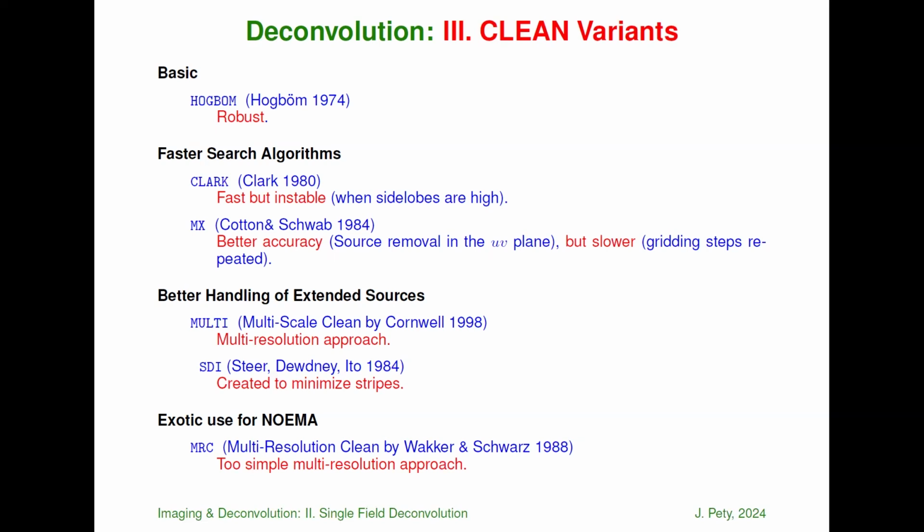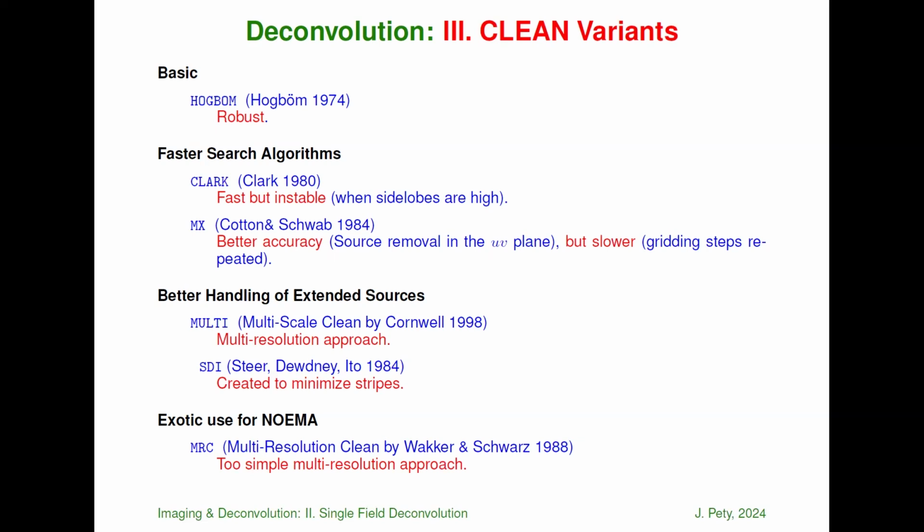The multi-resolution approach is different. It states you will make dirty images at different angular resolutions. The one at lowest resolution will have more signal to noise ratio for medium scale structures, and so you will choose on the residual.